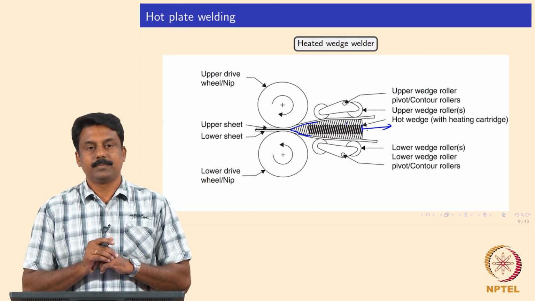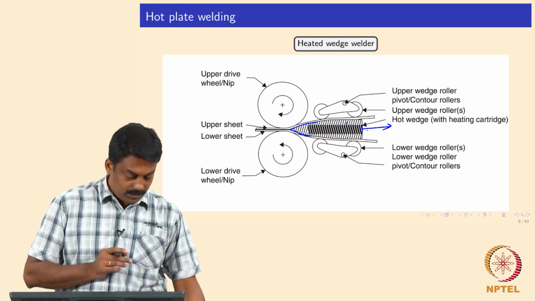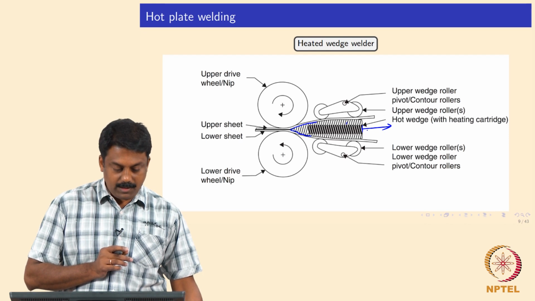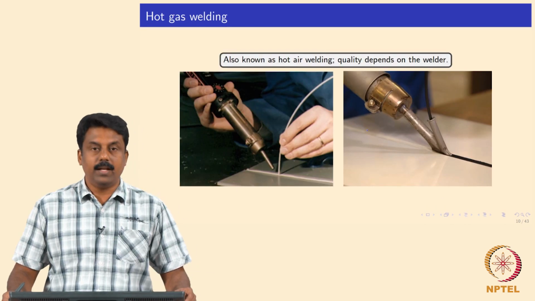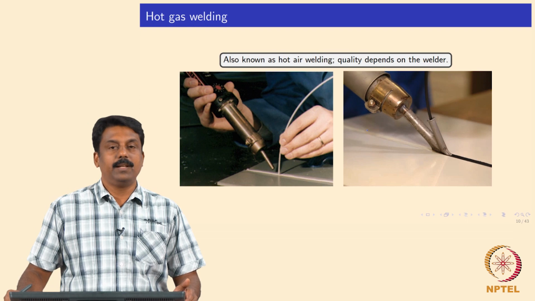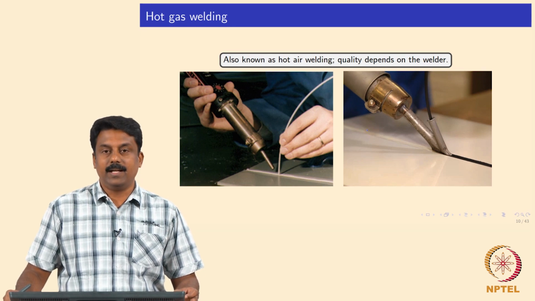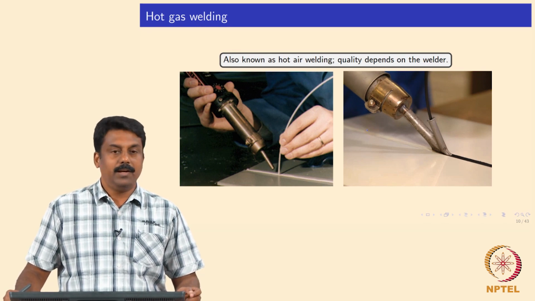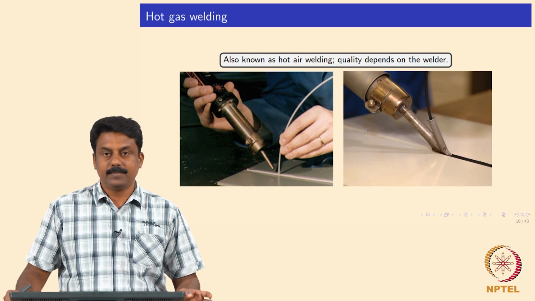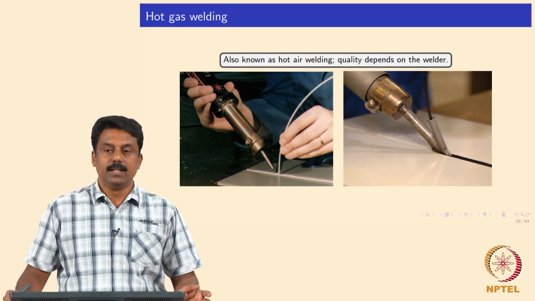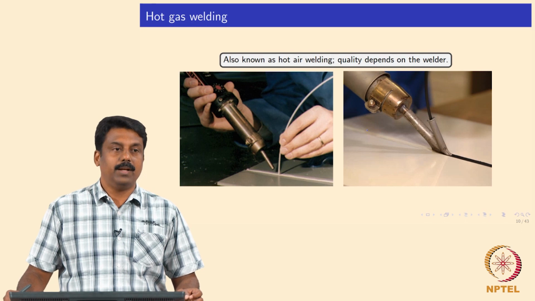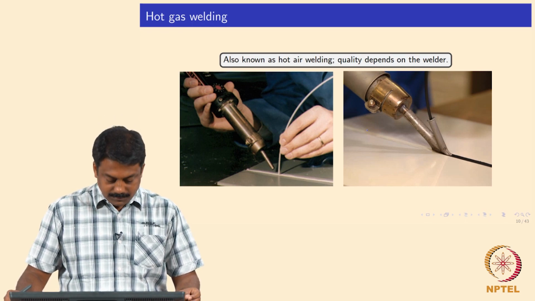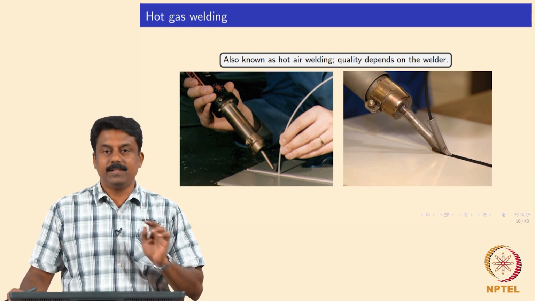It's clear? Okay. Another process we commonly use to weld, especially if the welding cavity is larger and you have to fill more volume at the interface, or if the base material is thicker, is a process known as hot gas welding. In hot gas welding, the principle is again that the interface is heated up.